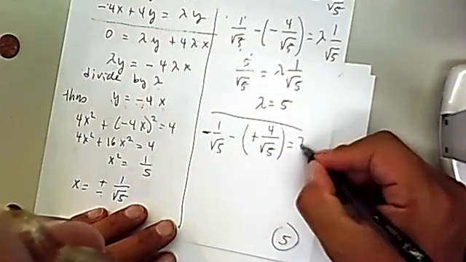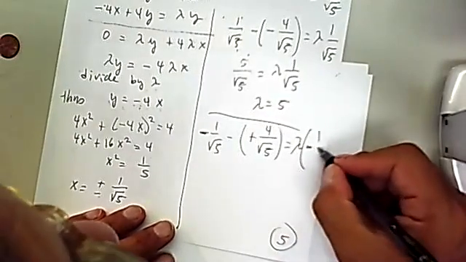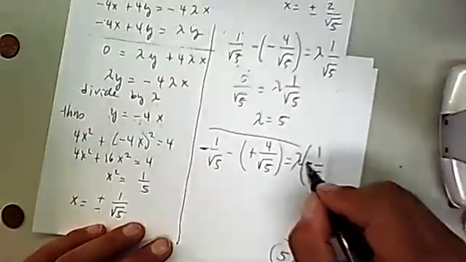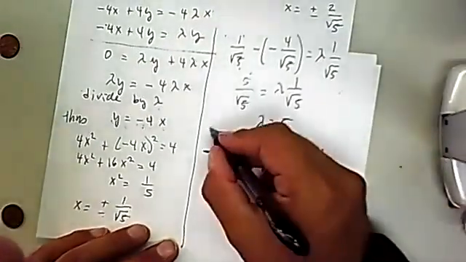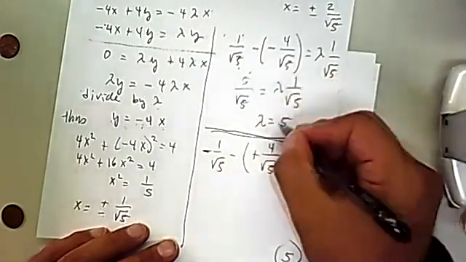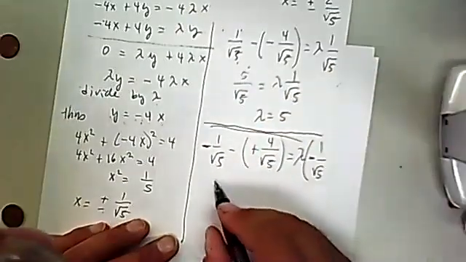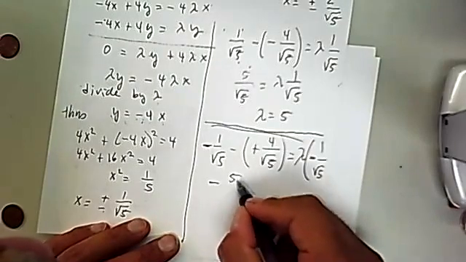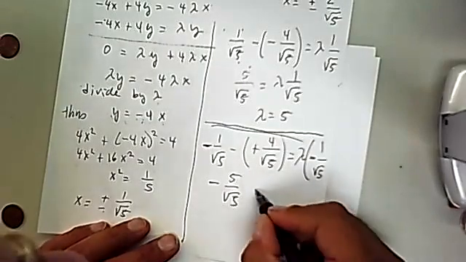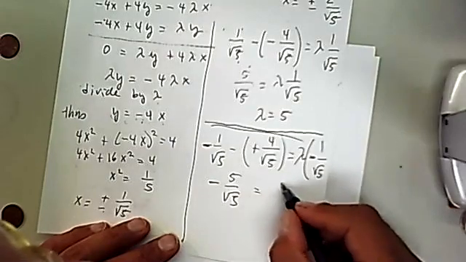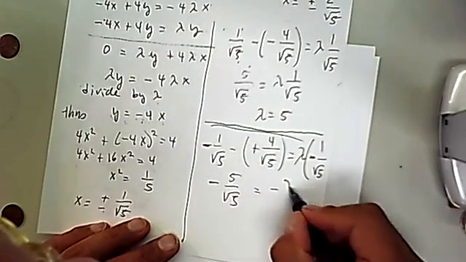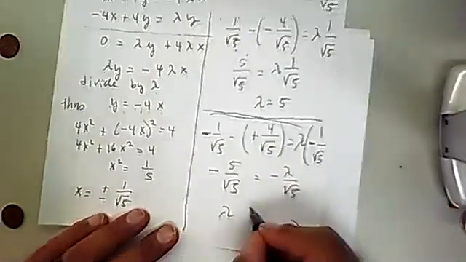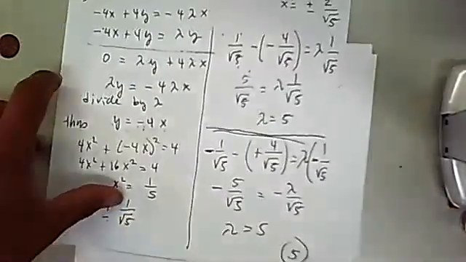And that is lambda times the x value, which is negative, over the square root of 5. There's a parenthesis that closes out here, and this is not a fraction, this is just a line that divides this with that. So we have a negative 5 over square root of 5 equals negative lambda over the square root of 5. So again, lambda is equal to 5.